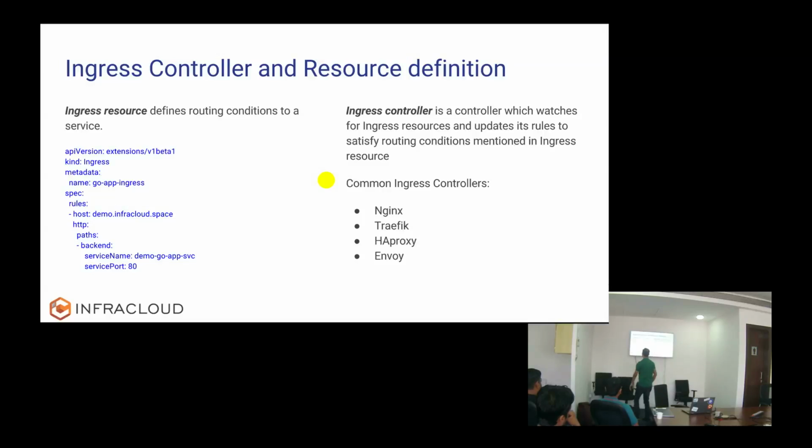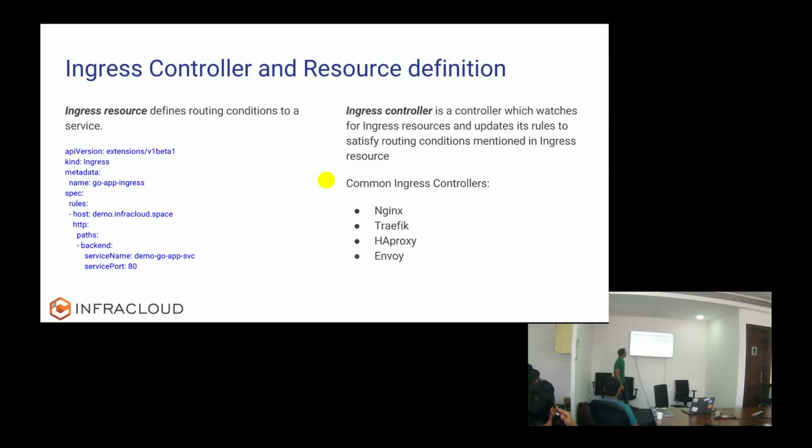So here I'm creating an Ingress resource and specifying rules. Here I'm saying any request that comes with a host header called demo.infracloud.space should be routed to this internal service. So this is a routing rule that is there in an Ingress resource.